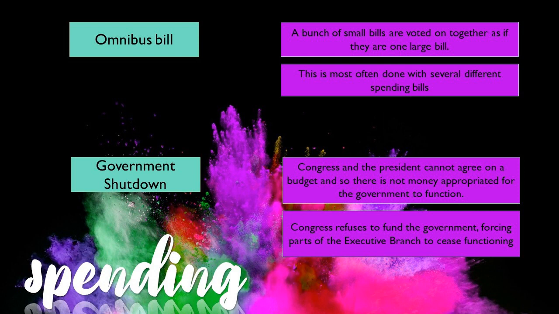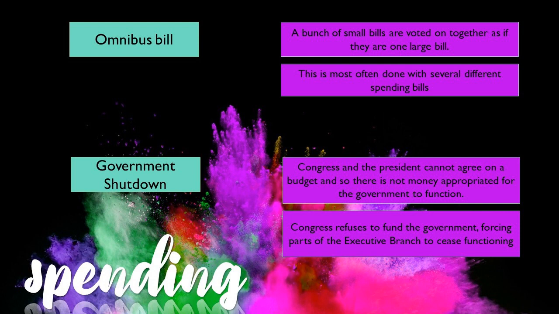And we'll get into this last thing a lot more when we deal with the budget, but a government shutdown occurs when Congress and the executive branch cannot agree on the budget. And so when Congress refuses to fund the government, when Congress refuses to pass a budget that the president will agree to, then there is no funding for the executive branch.